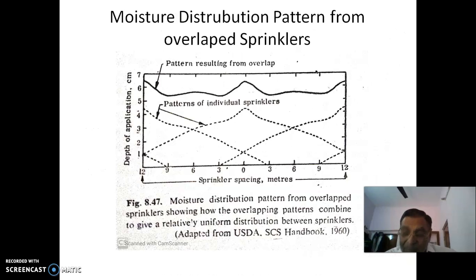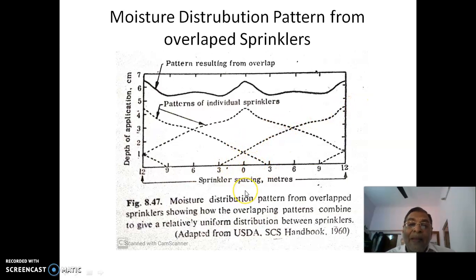In order to overlap, this is how you should arrange sprinkler spacing. The sprinkler at this position will have the wetting pattern like this. The sprinkler at this position will have the wetting pattern like this, and this will be like this.